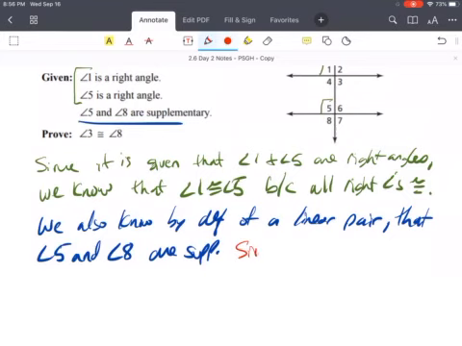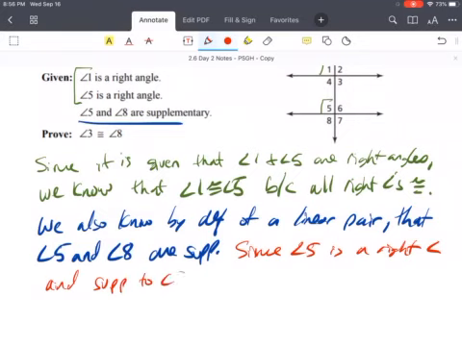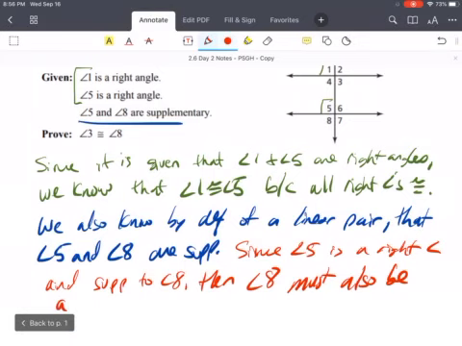And then since I've already stated that angle 5 is a right angle and supplementary to angle 8, then angle 8 must also be a right angle.